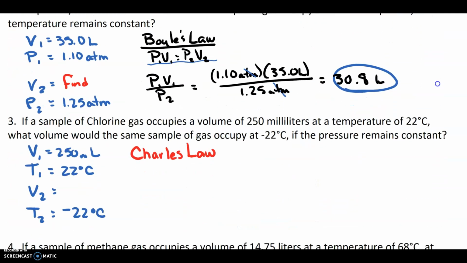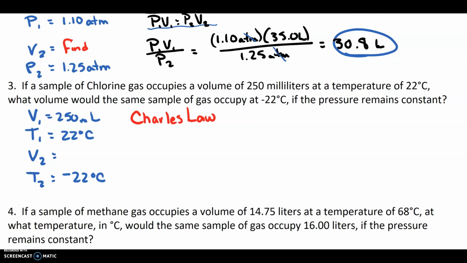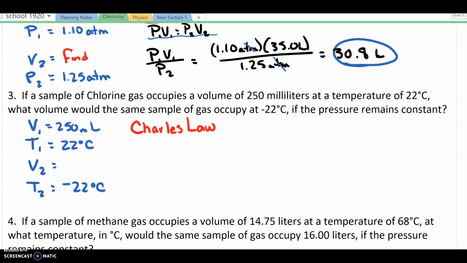The problems start when we come to number 3, and we're not using Boyle's Law anymore. This is Charles' Law. Charles' Law is the relationship between volume and temperature: the first volume in a ratio with the first temperature is equal to the second volume in a ratio with the second temperature.